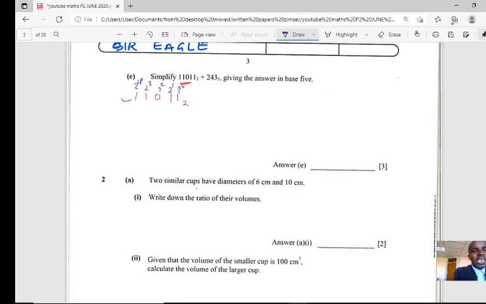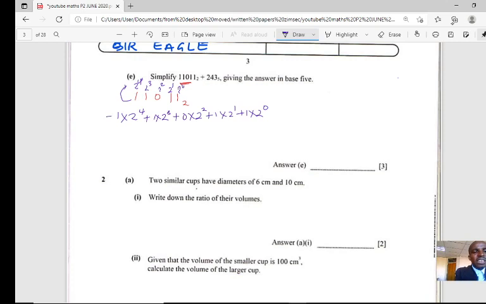So it will be 1 times 2 to the power 4, plus 1 times 2 to the power 3, plus 0 times 2 to the power 2, plus 1 times 2 to the power 1, plus 1 times 2 to the power 0, like this.